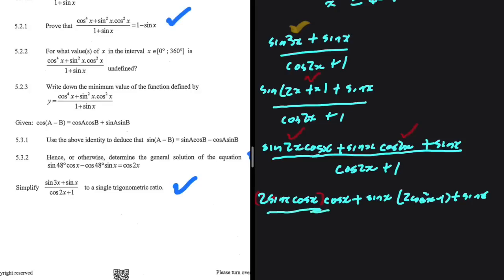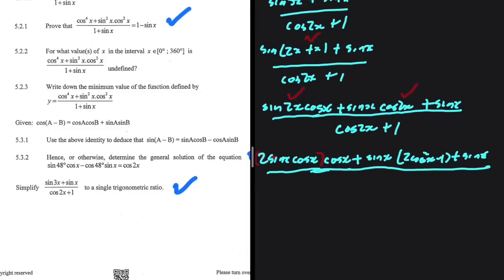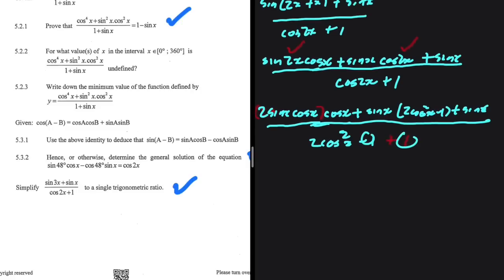So now we are going to change the denominator. I'm going to show you how. Cos of 2x is also equal to 2 (cos of x) squared minus 1. Okay, and then we have this plus 1 right here. Obviously, minus 1 plus 1 will give us 0. On the numerator, we're going to have 2 sine of x cos squared x plus 2 cos squared x sine of x.